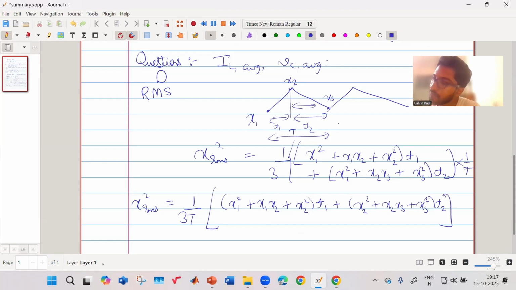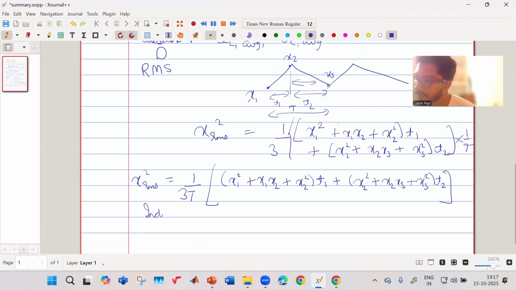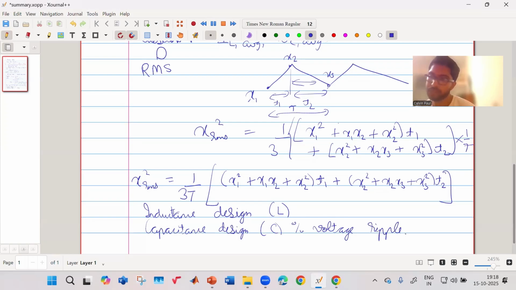Then what are the questions they ask commonly is your inductance design. How do you design the value of inductor for a boost converter, buck converter, etc.? Your capacitance design, right? This is based on your percentage voltage ripple, right?